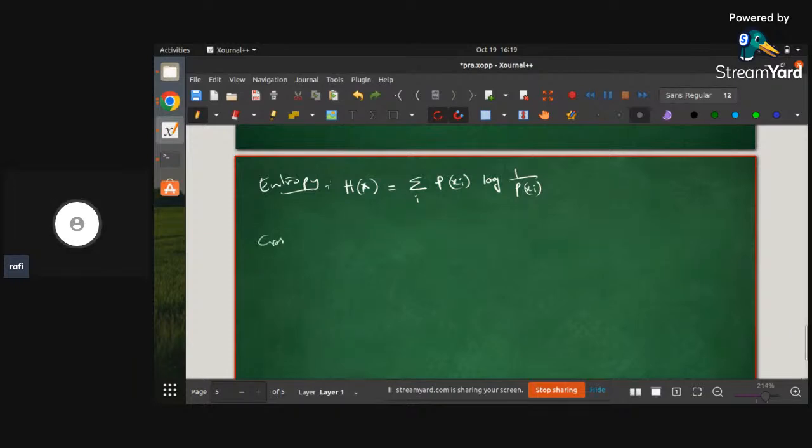Then we have cross entropy, which is defined as summation, you can call it H of X comma Y, summation over i p of xi log 1 by p of yi.